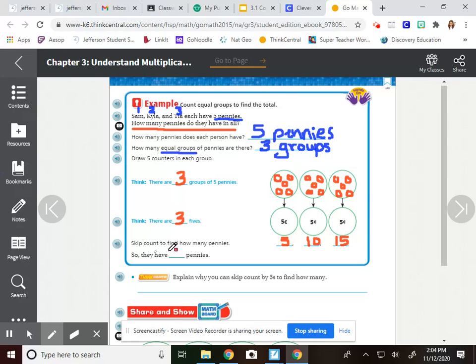So we found they have 15 pennies in all. So remember, when we multiply, we have to use equal groups. And equal groups have the same number of objects in each group. That makes it so that you can skip count and find your product.